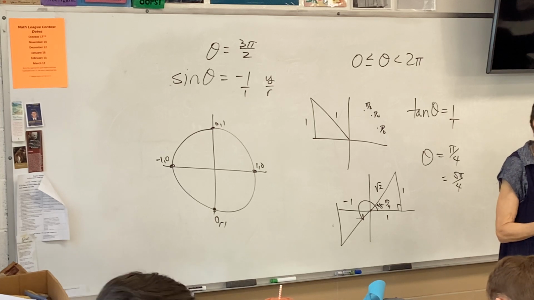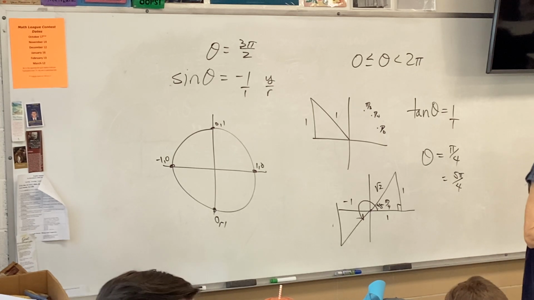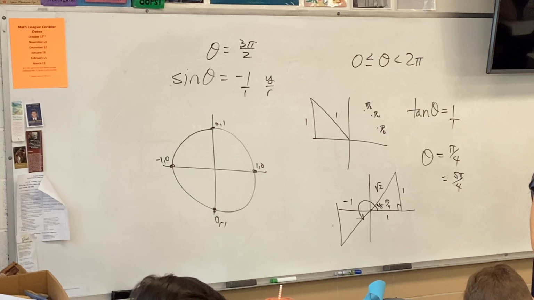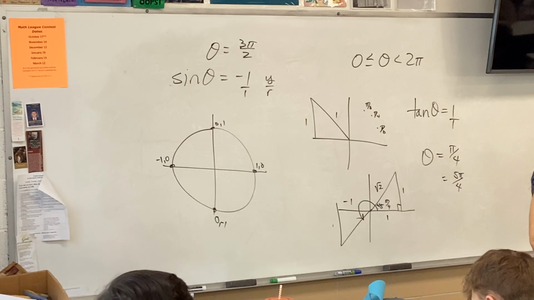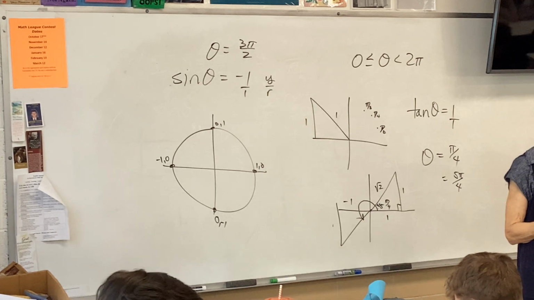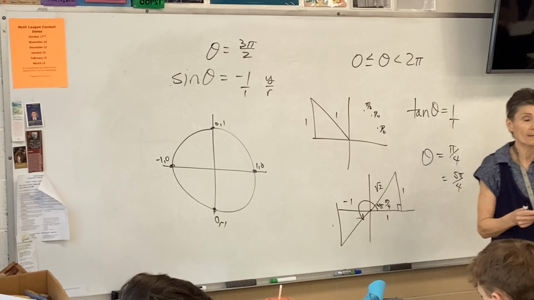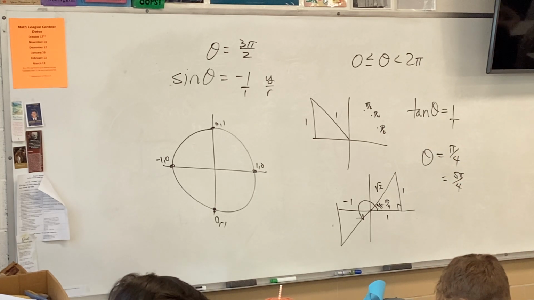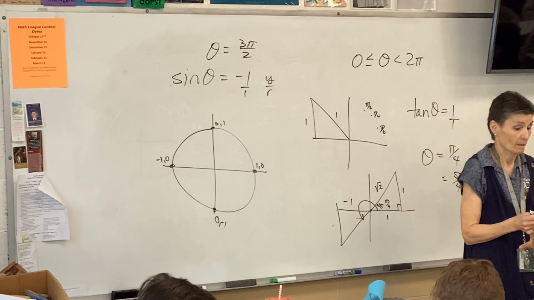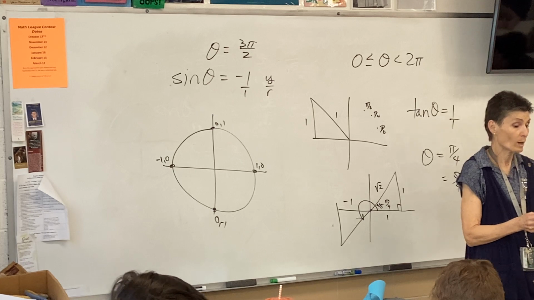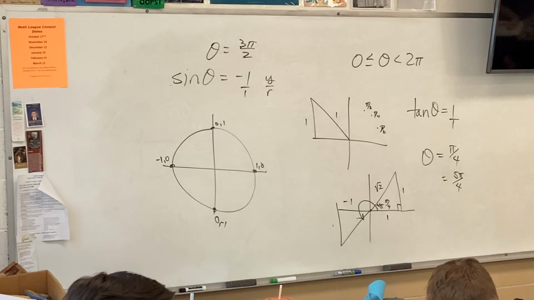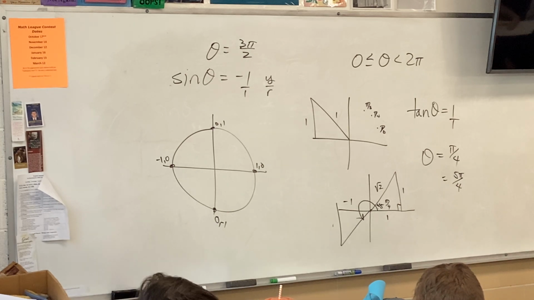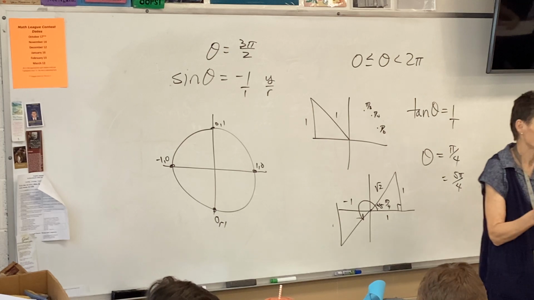So for problem 3, what is the angle in problem 3? In problem 3, the angle is pi over 6. So you're going to fill in the coordinates for pi over 6, 5 pi over 6, 7 pi over 6, and 11 pi over 6. And then you're going to answer the 2 questions, C and D. For number 4, you're doing the same thing, except the angle is pi over 4. And for number 5, the angle is pi over 3.